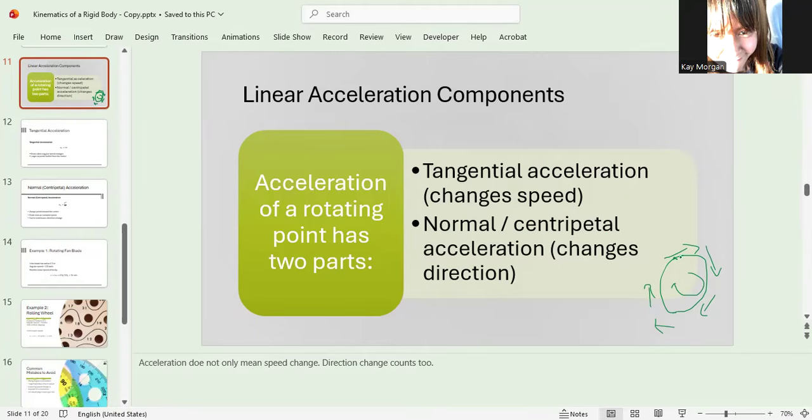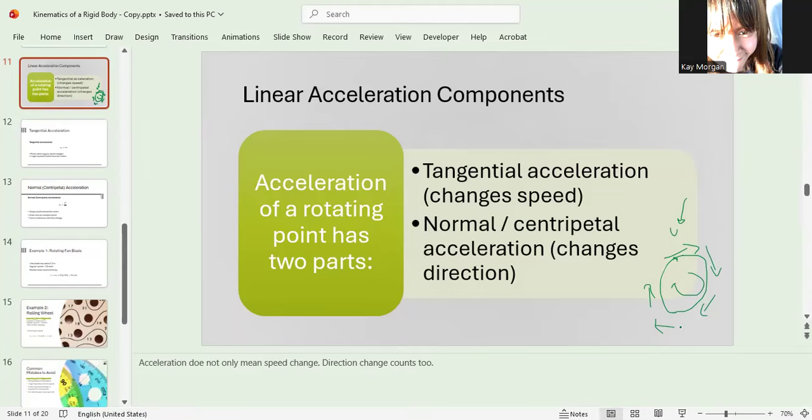One is tangential, which changes speed, and the other one is centripetal, changing the direction. So you have a direction, and then of course you have a speed. If you look at the change in speed, we call that tangential. If you look at the direction change of a point right here, this point belongs to a little material of that rigid body.